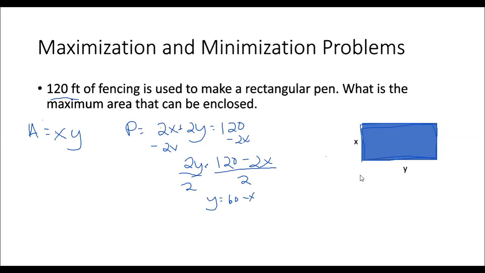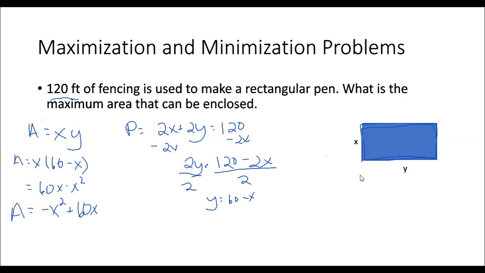We're going to put it back into our area equation. Our area is equal to x times y, but instead of y, we substitute in 60 minus x and distribute the x. This is 60x minus x squared, or we can write it as negative x squared plus 60x. So this is our area.